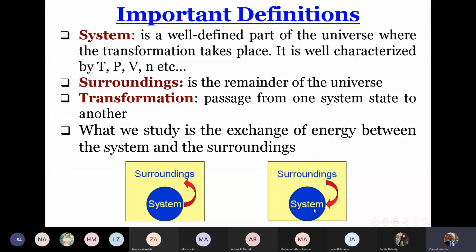And if the system absorbs energy, it absorbs energy from the surrounding, or the surrounding releases energy to the system. So the energy change in the system is related to the energy change in the surrounding.